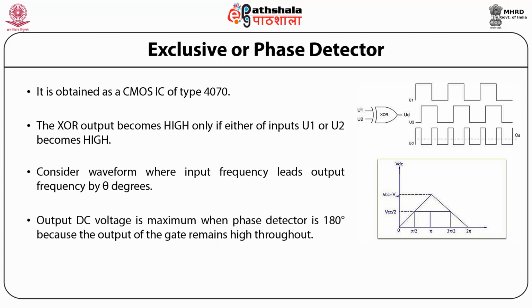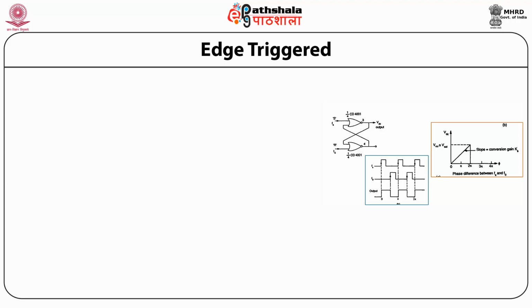So the output DC voltage is maximum when the phase difference is 180 degrees because the output of the gate remains high throughout. Let us now discuss the edge triggered phase detector.